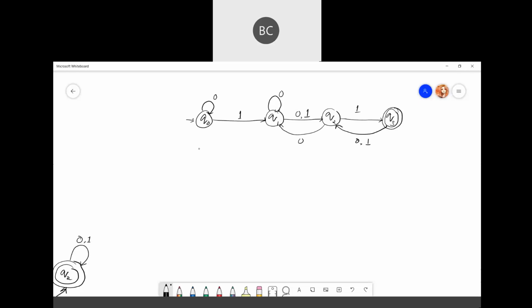So, for example, this diagram is given and you need to make the table.